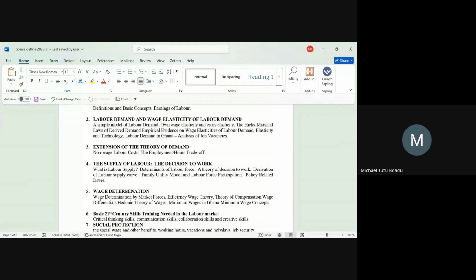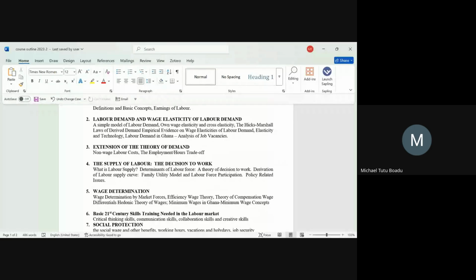How does that affect demand for wages, and also how are incomes that you are getting from sources other than work influencing your supply of labor?